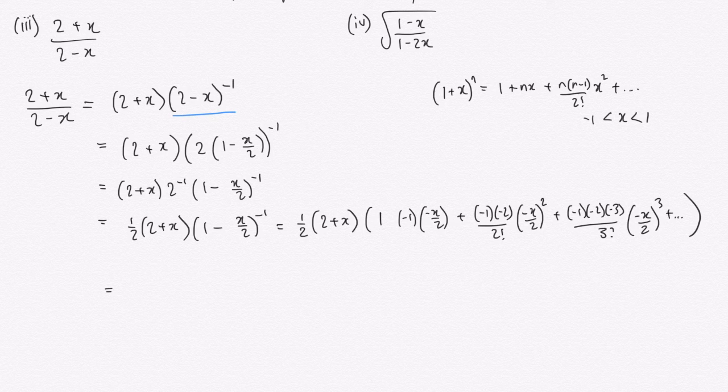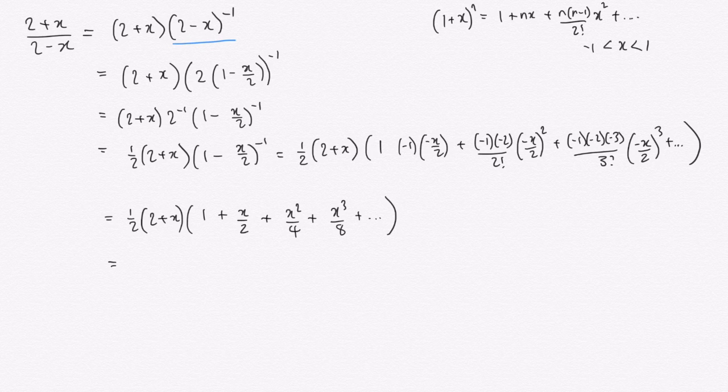And simplifying this, we get a half of (2 plus x) and then 1 plus x over 2 plus x squared over 4 plus x cubed over 8 plus higher order terms.